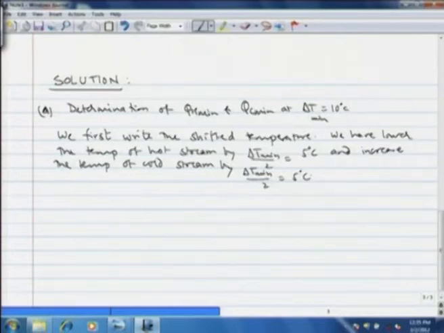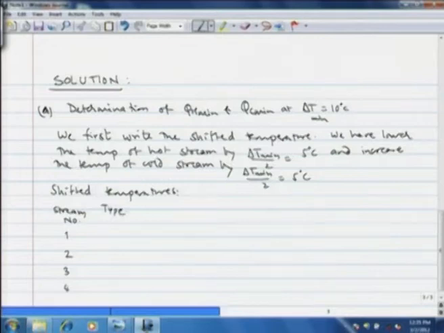So the shifted temperatures of the streams are as follows. Stream 1, it is a hot stream. Supply temperature that we denote by Ts degrees centigrade is 400 minus 5, so 395.